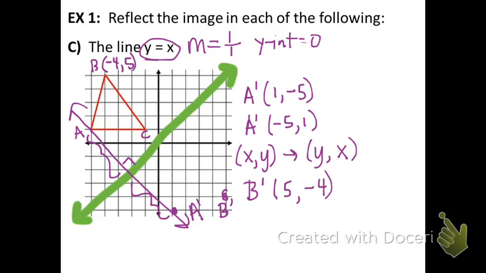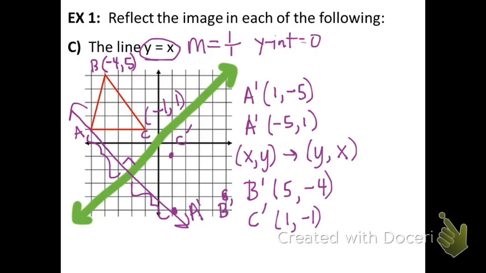So there's our B prime. And C prime, well, C is located at back 1, up 1. So our C prime then would become 1, negative 1 if we just reversed those coordinates. So over 1, down 1.